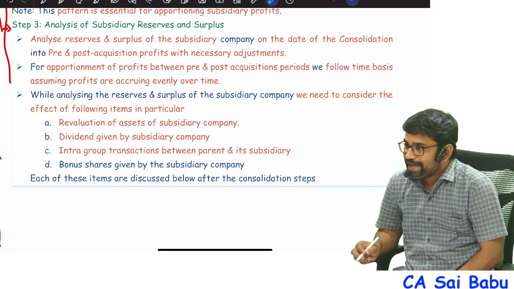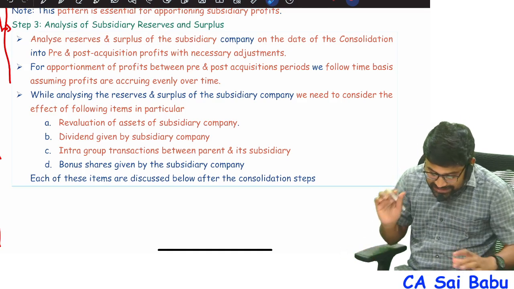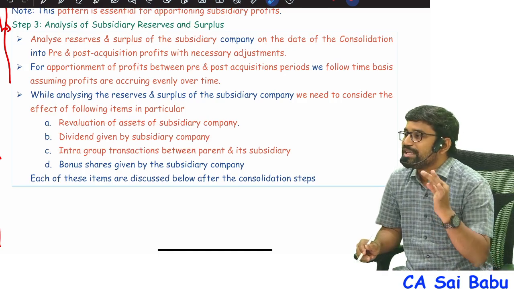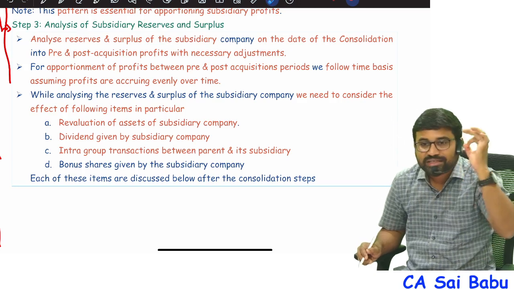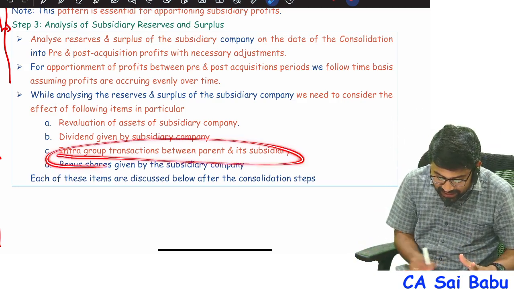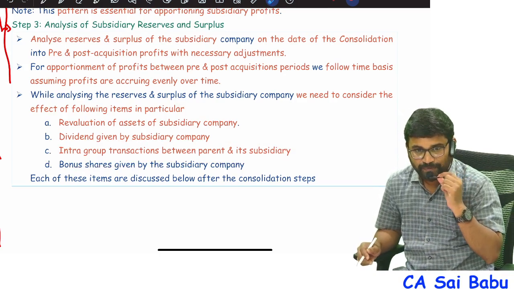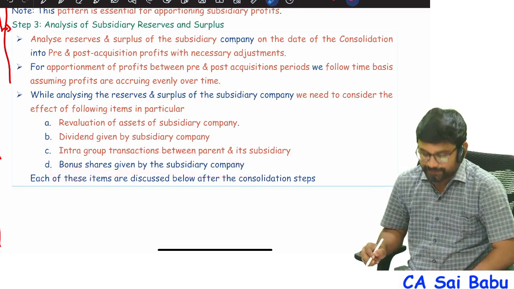Second adjustment is dividend given by the subsidiary company. Third adjustment is intra-group transactions between parent and subsidiary, and also bonus shares given by the subsidiary company.